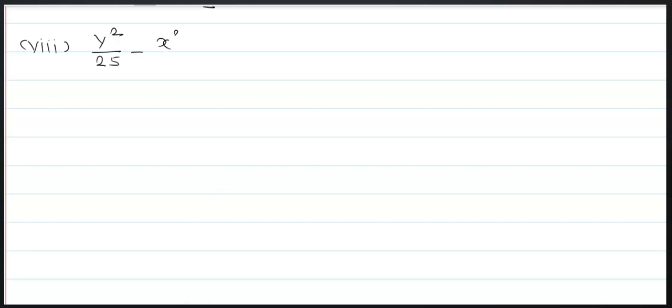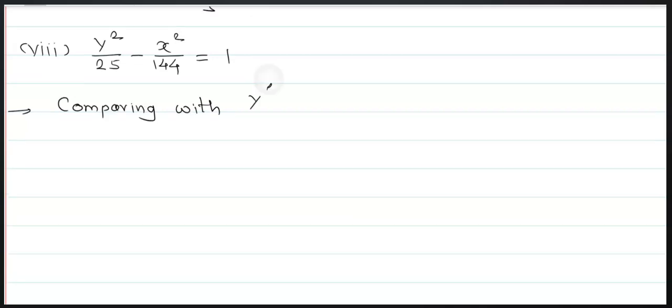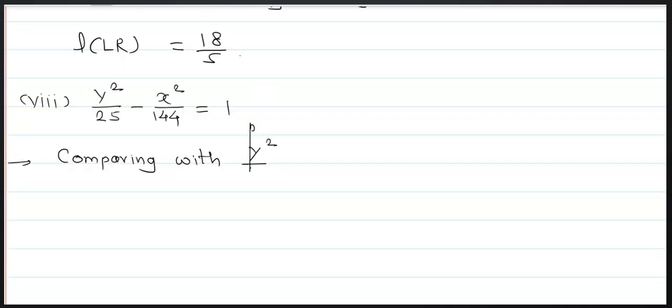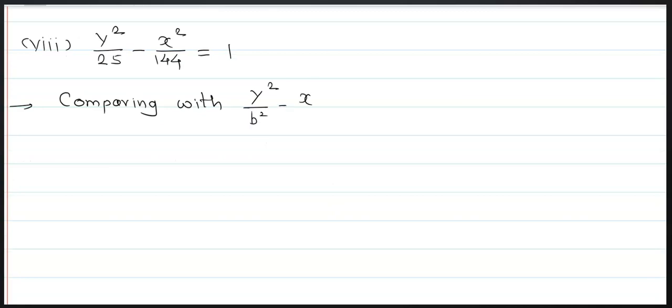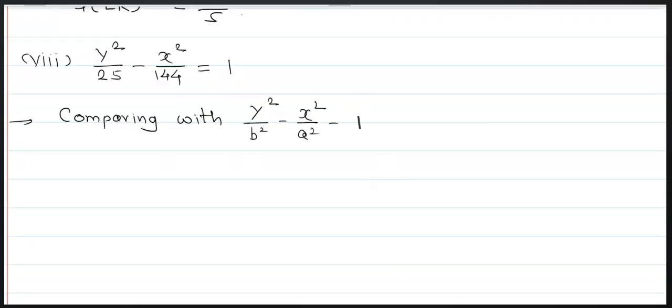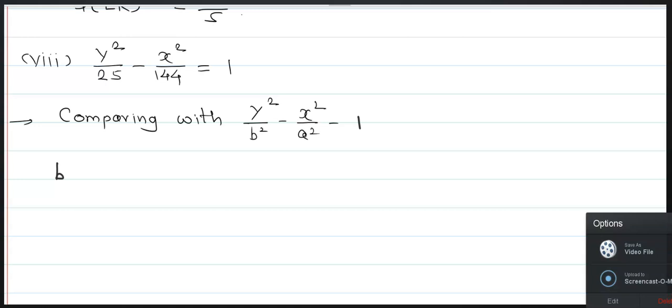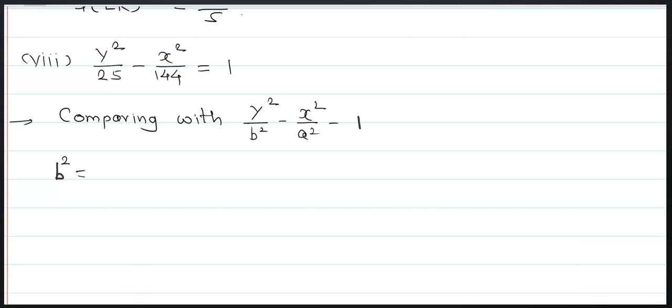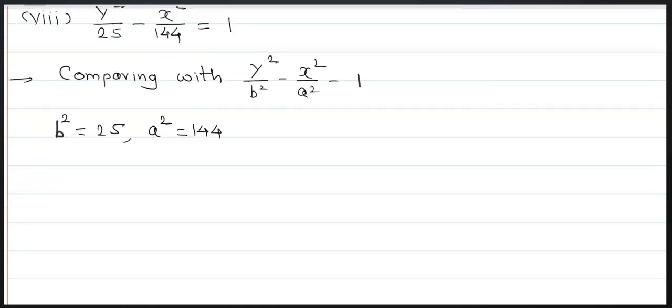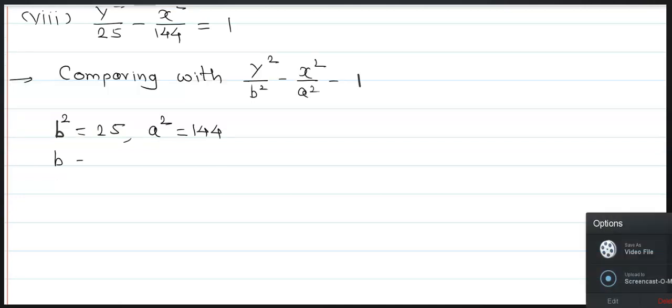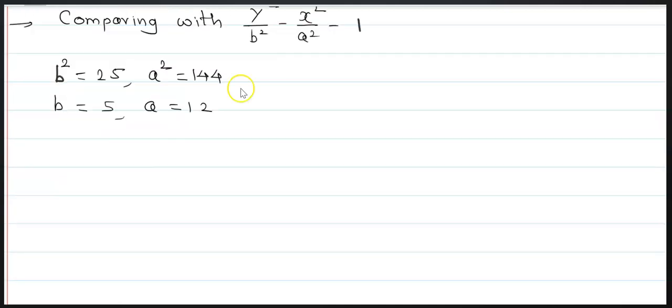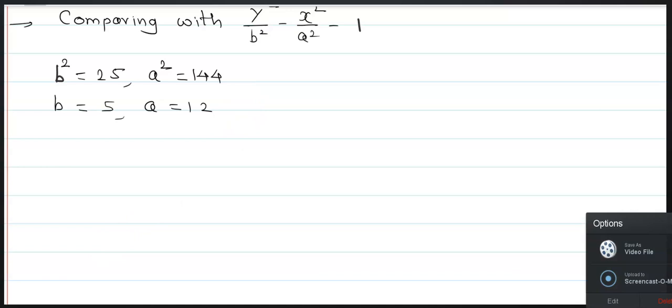Eighth one, y square upon 25 minus x square upon 144, that is equal to 1. Comparing with y square upon b square minus x square upon a square, that is equal to 1. The value of b square is 25, a square is 144, b is equal to 5, a is equal to 12.